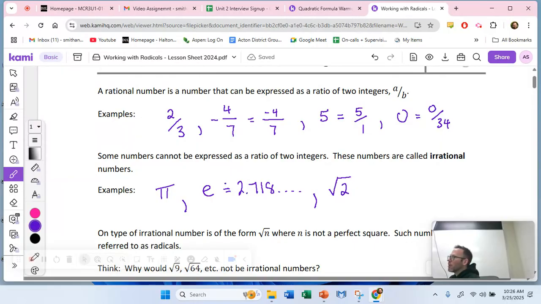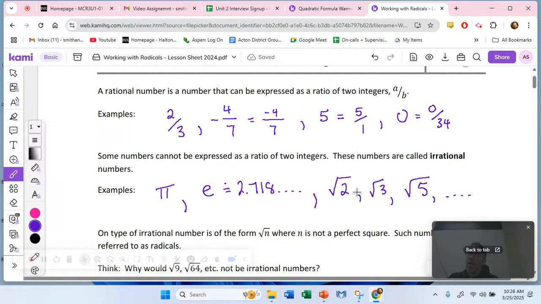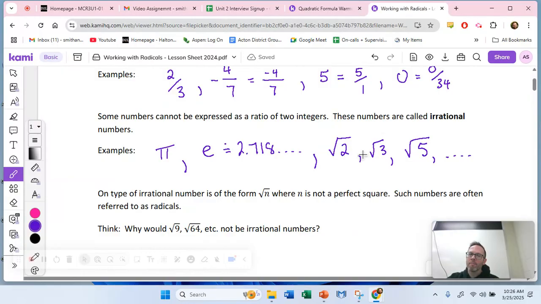You can't express root 2 as one number divided by another. Root 3, same thing. Root 5, same thing. Those are all irrational numbers, and today we're dialing in on the ones inside a root. We're talking about radicals.